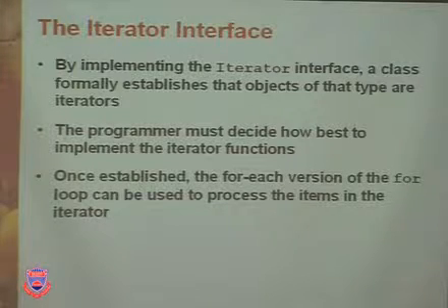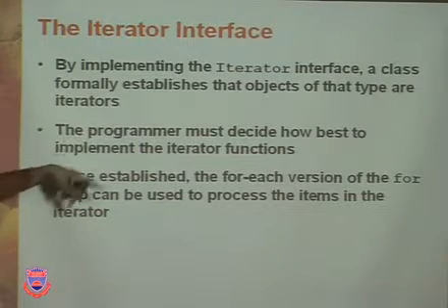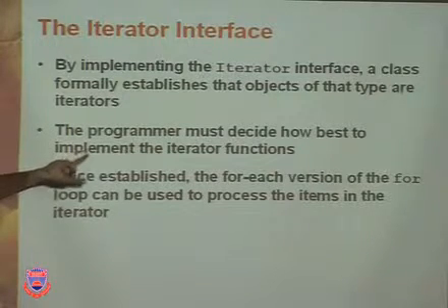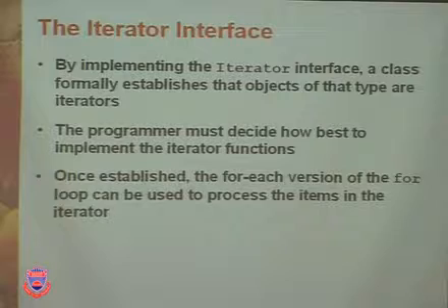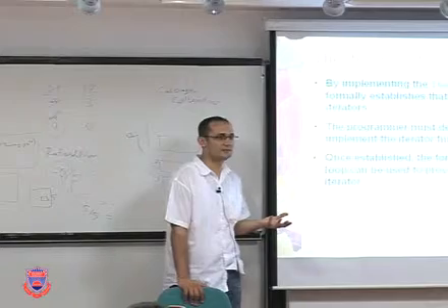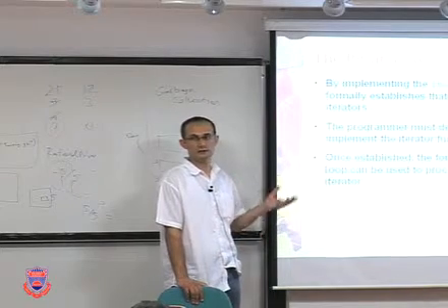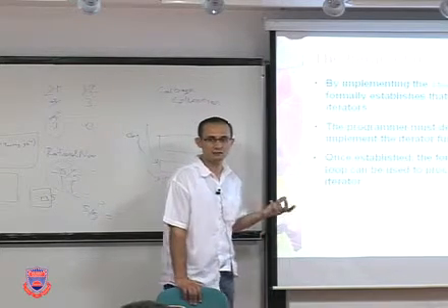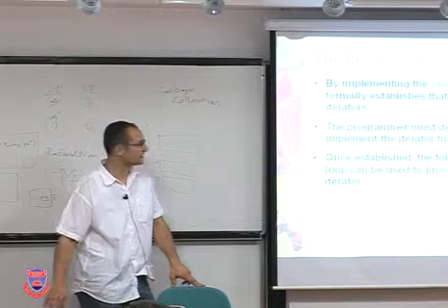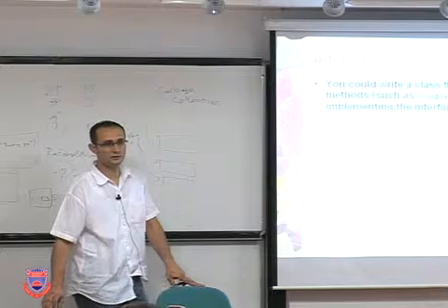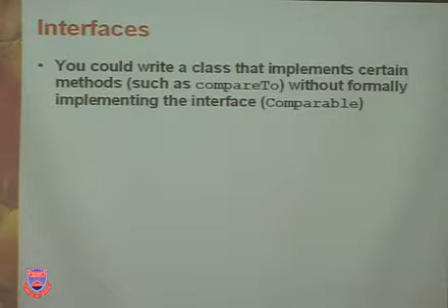Once you implement the Iterator interface, you can access the objects as an iterator, and the programmer must decide how best to implement the iterator function. So you should be designing the hasNext, next, and remove methods yourself, deciding how you would like to access and implement them. And once you implement it, you can use it with for-each loops as we did before.